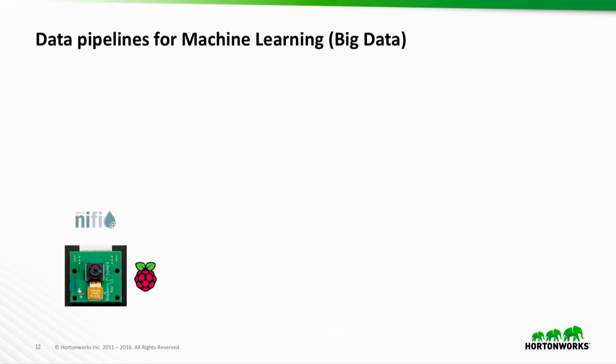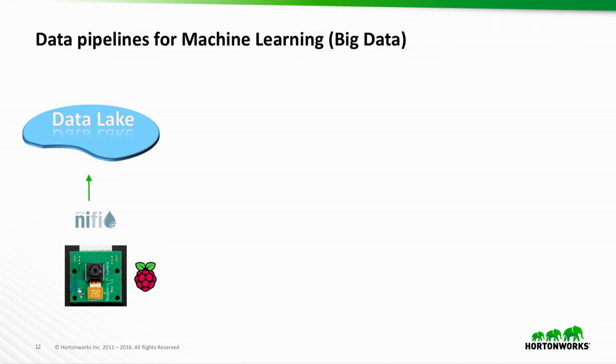And we need to build the data pipelines for machine learning in the big data context. Let's assume we may have some sensors on the edge to take pictures or get any other data. We can use NiFi and other tools to get this data into the data lake.